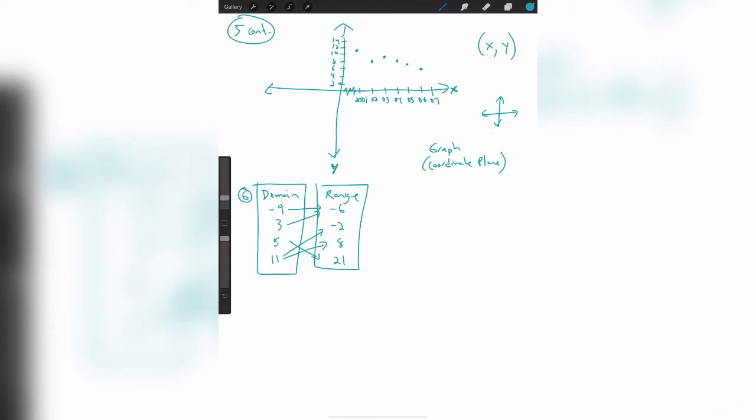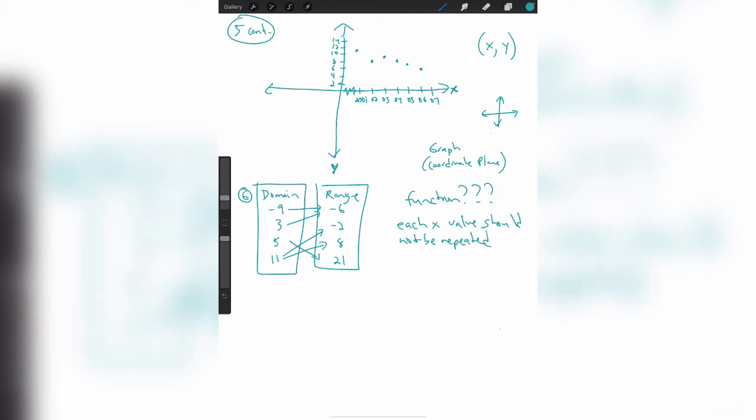And the real question here is determine whether it is a function. Okay, so what is a function? The way you can tell whether or not this is a function is that each x value should not be repeated.